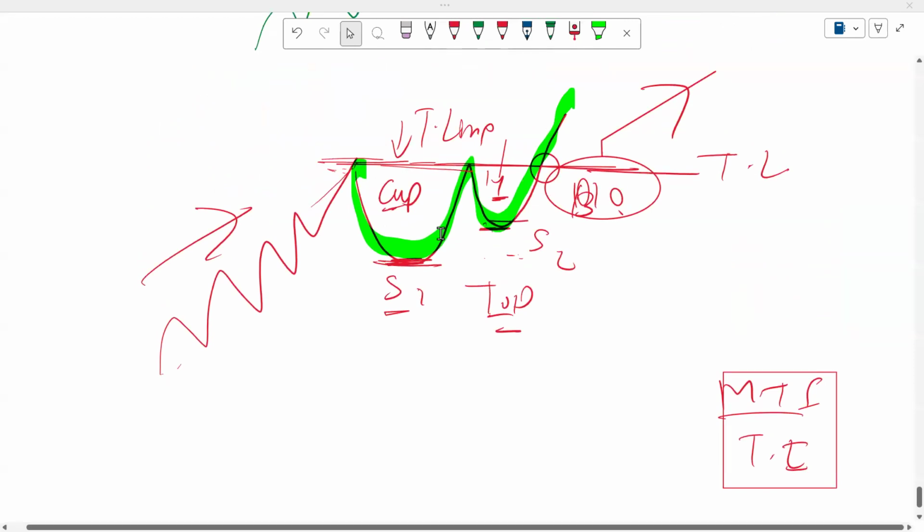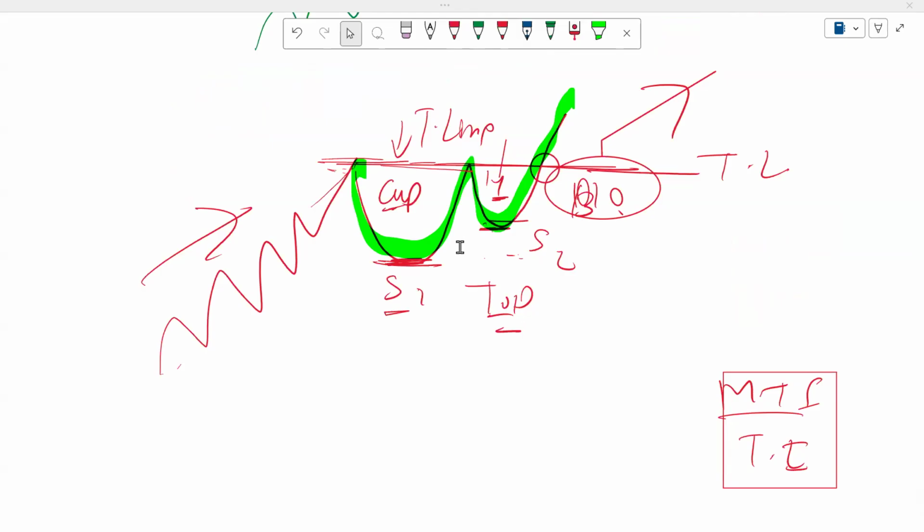But try to test these patterns. They work really well in my experience. But you have to know whether this is your pattern or not. Sometimes you can draw the wrong pattern also, so try to draw these patterns with volume. Then you will be able to understand. Got it? Any doubt, or we can close.